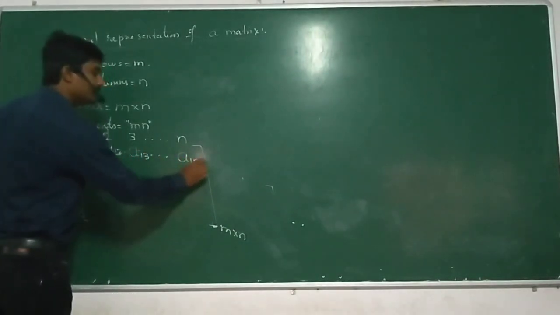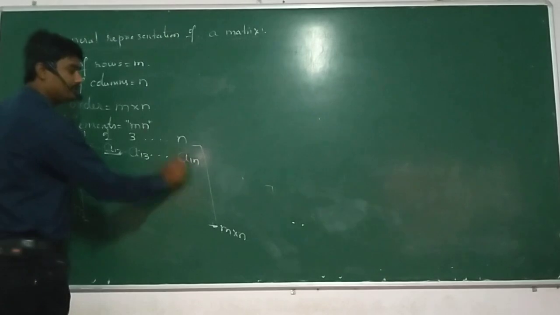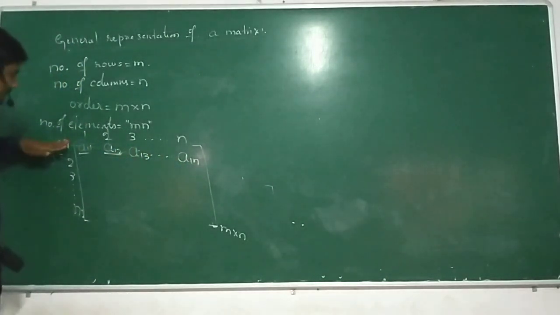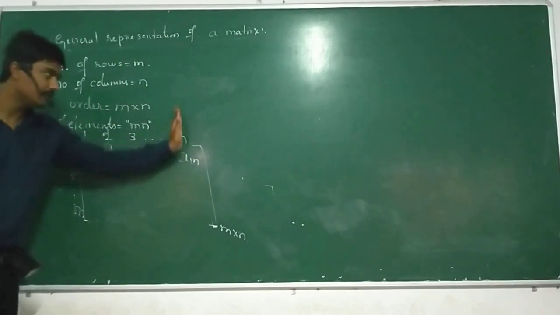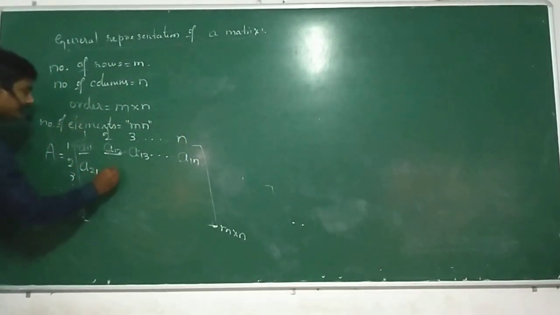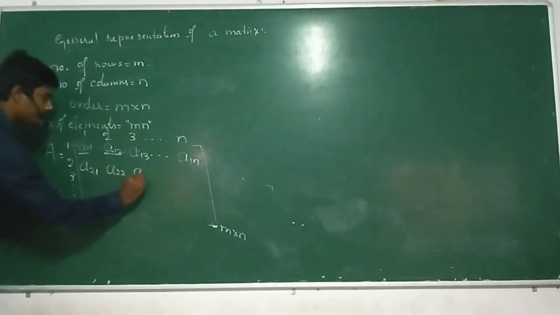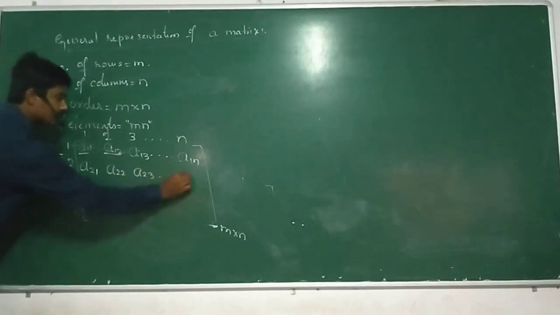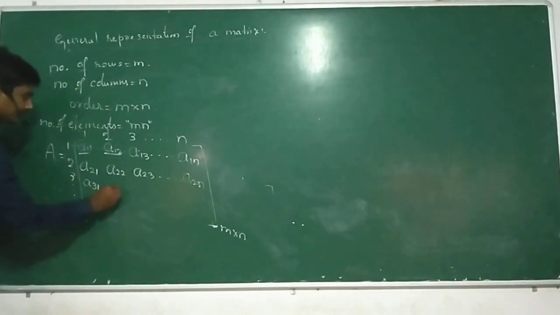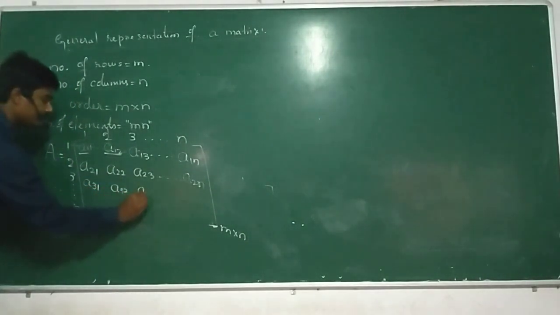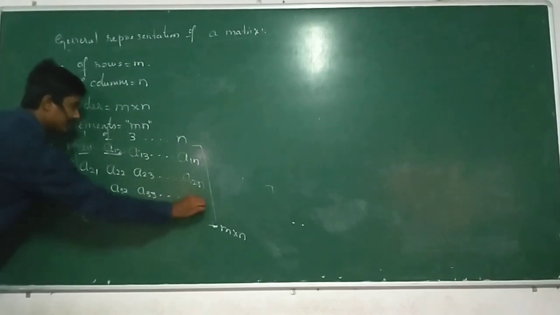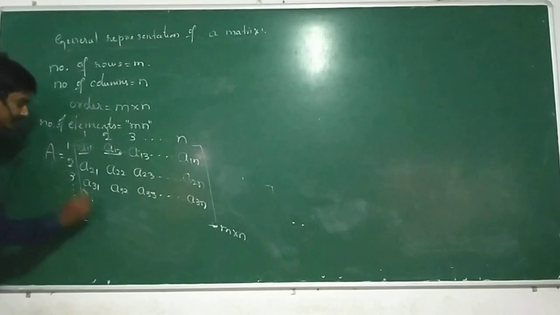The element present here will be written with position 1n. It means the element is present at the intersection of row 1 and column n. Similarly, this becomes A21, A22, A23, so on up to A2n, and here A31, A32, A33, so on up to A3n, and this will continue.